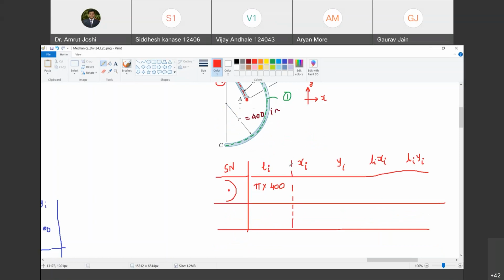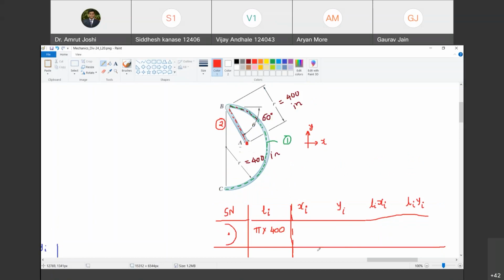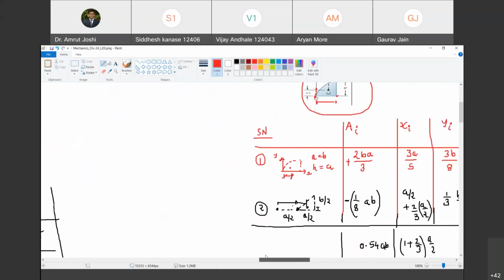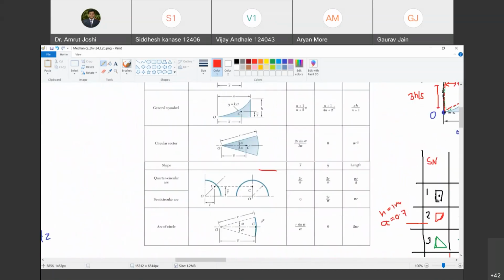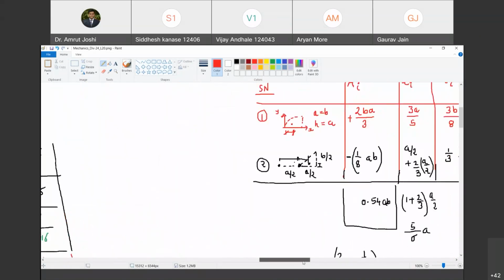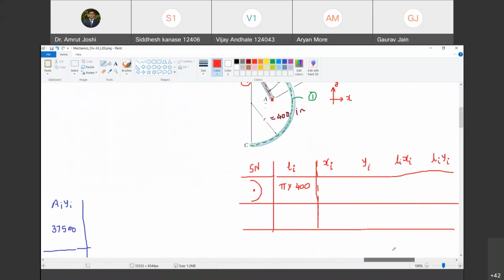Now, what is xi? Where is its centroid located? For that we are going to look at the formula given. So what is this distance? We have to look at the second row because it is a semicircular arc. It is at distance 2r by pi. Do you agree with me? Yes, sir. So in this diagram, what is 2r by pi?